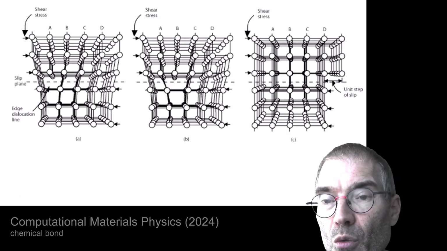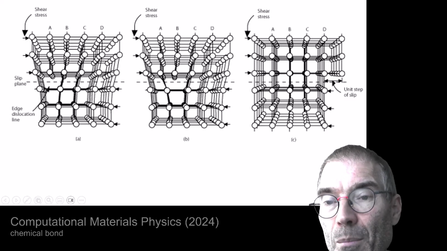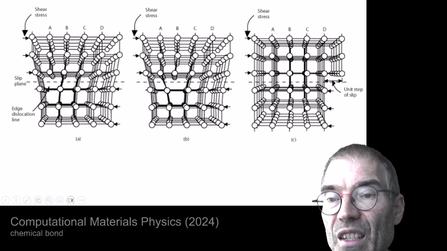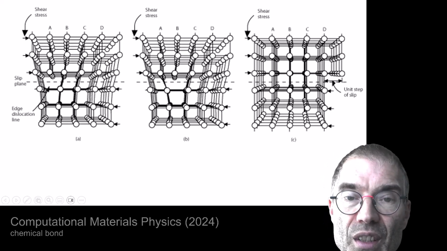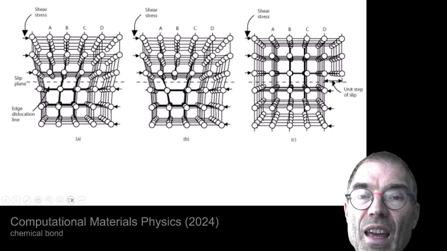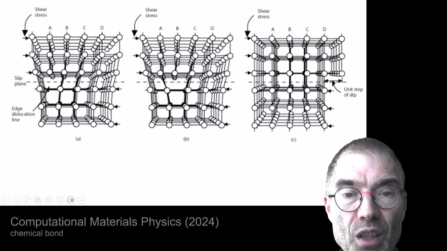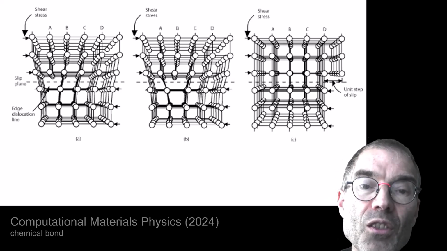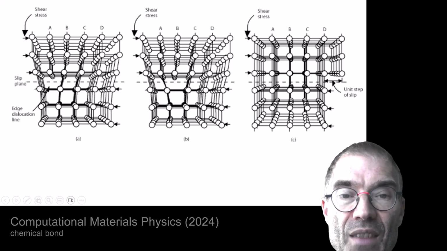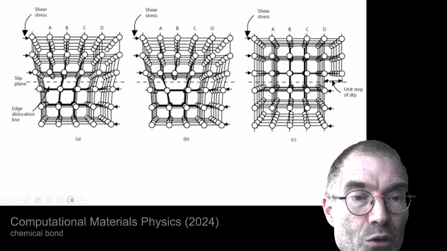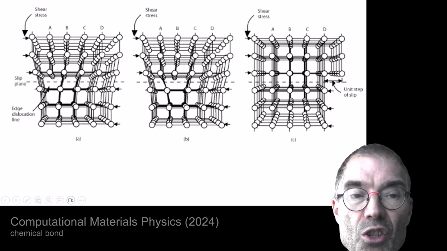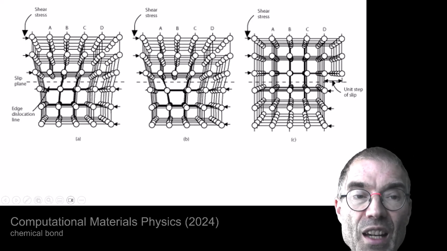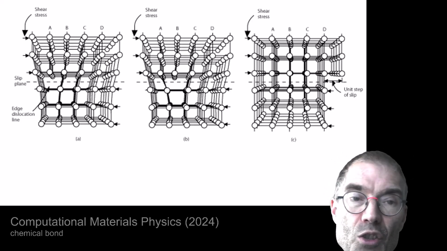And if you now would make bonds between these atoms and break bonds between these atoms, then you could get into this situation. And this basically means that your dislocation, your half plane, has moved a lattice parameter to the right. And if you continue this process, you can sweep your dislocation throughout the entire crystal until it reaches the right-hand side. So you have basically skewed your crystal.